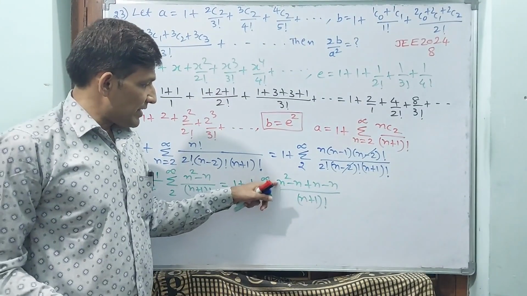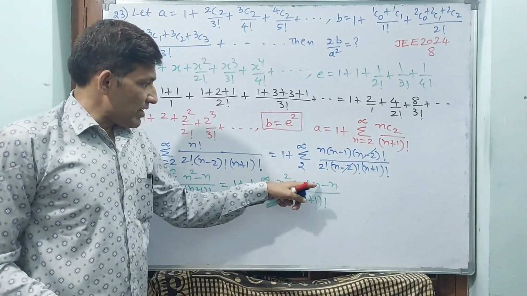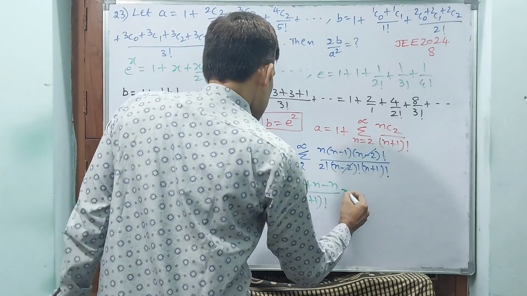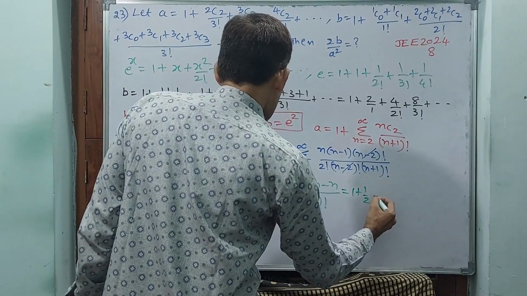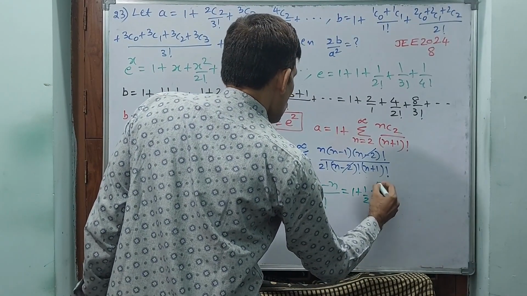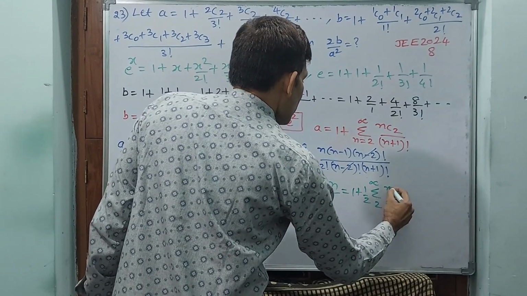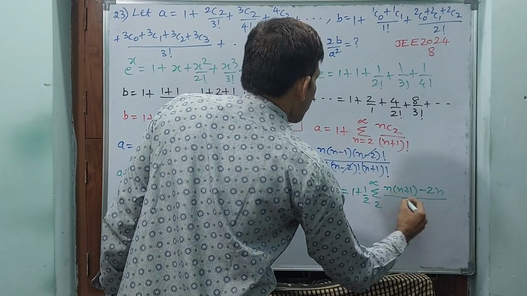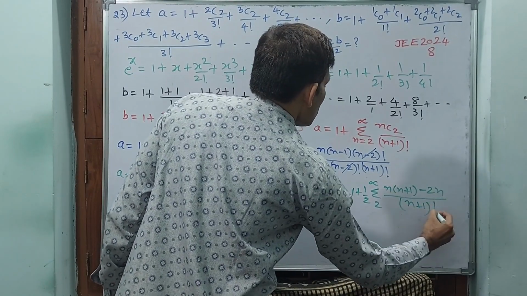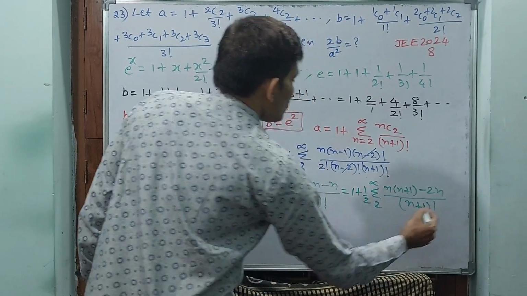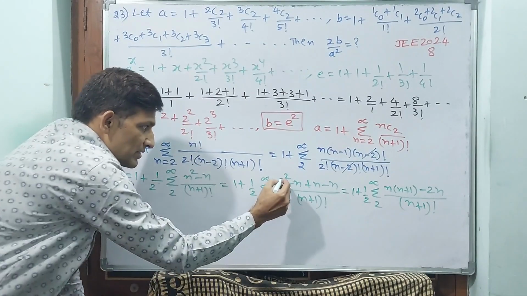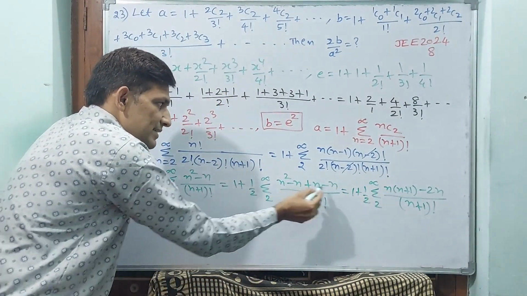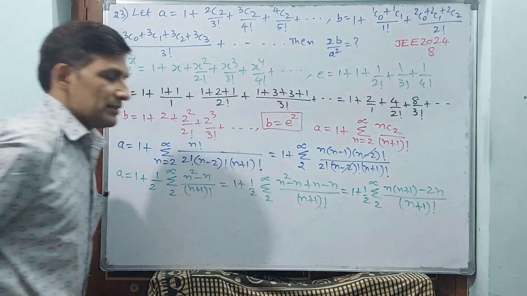Because if I take n common, n plus 1 comes and the factorial gets cancelled out. That is why I have taken it. Again you write down 1 plus 1 by 2 sigma 2 to infinity of n into (n plus 1) minus 2n by (n plus 1) factorial. Is it okay? n square plus n minus n minus n is minus 2n.